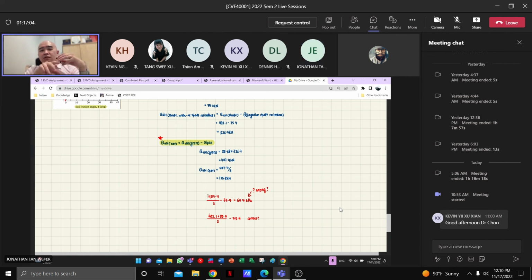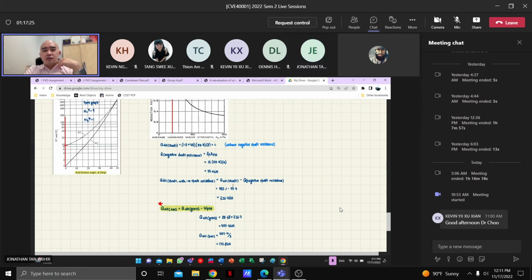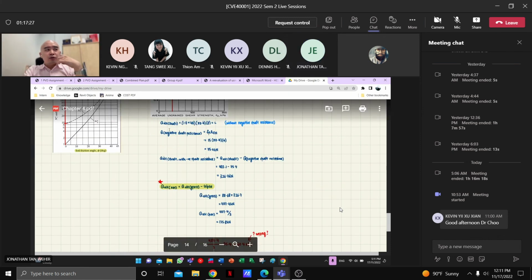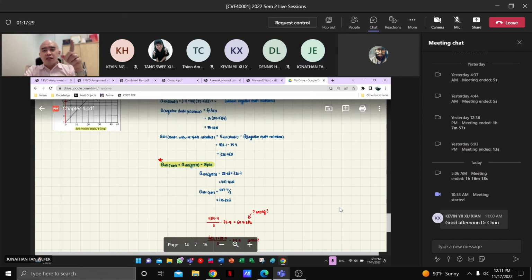That's what they mean. In other words, the other approach is this: your Q allowable shaft is actually 402.1 divided by 3 minus 75.4.